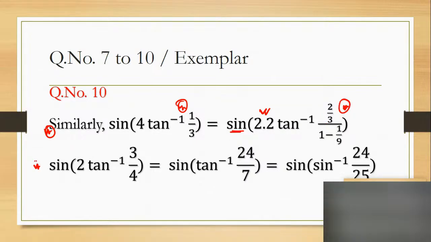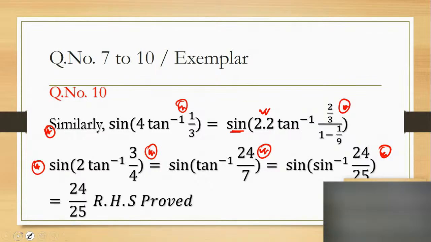So sine 2 tan inverse 3 by 4 equal to sine tan inverse 24 by 7 equal to sine inverse 24 by 25. Hope that there is no problem to understand up to this step. So 24 by 25, LHS equals RHS.